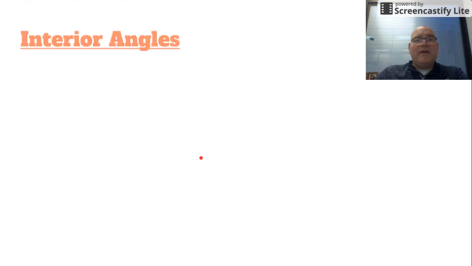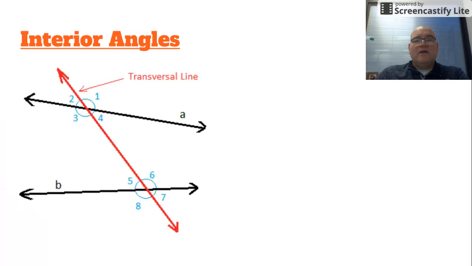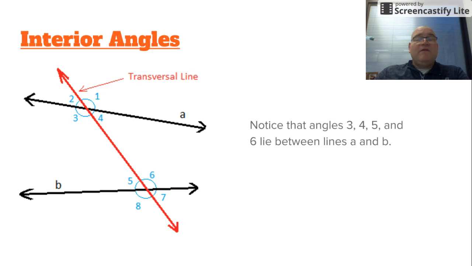Our first angle types are interior angles. What do you think the interiors would be? If you said 3, 4, 5, and 6, you're correct. Interior angles are the ones that lie between the two coplanar lines.